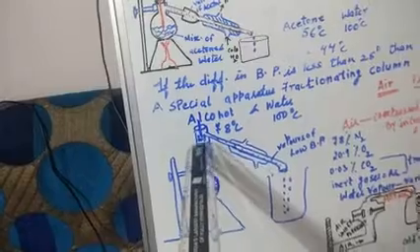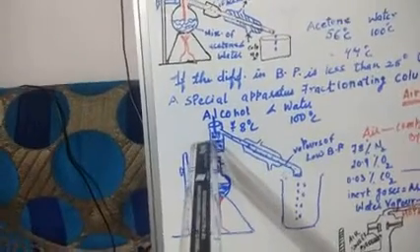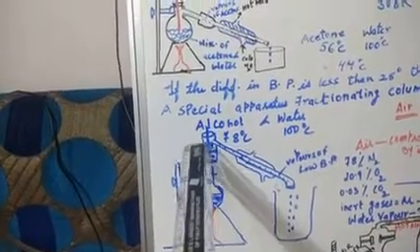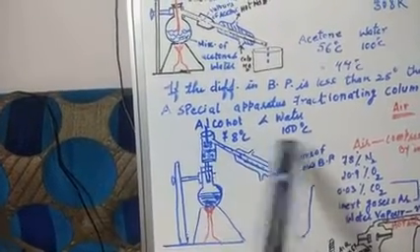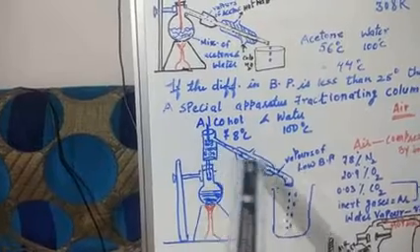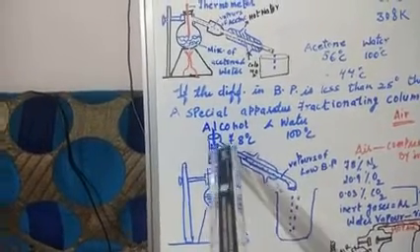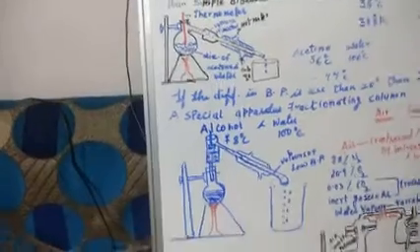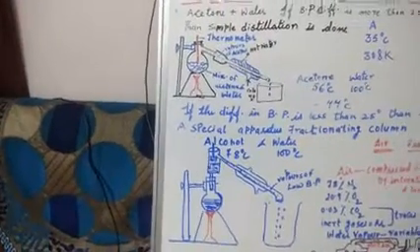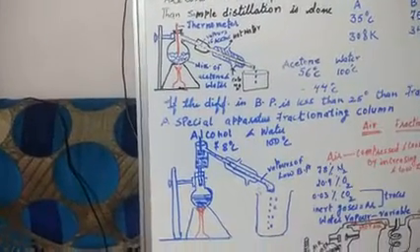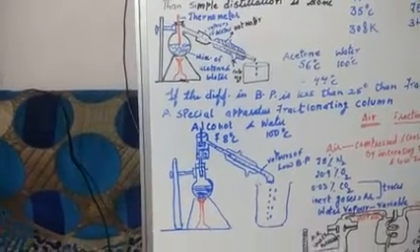So what is the reason for taking these glass beads? They prevent the component of higher boiling point from getting evaporated. Okay students, these glass beads, or the fractionating column, separate the two components of lesser boiling point difference.